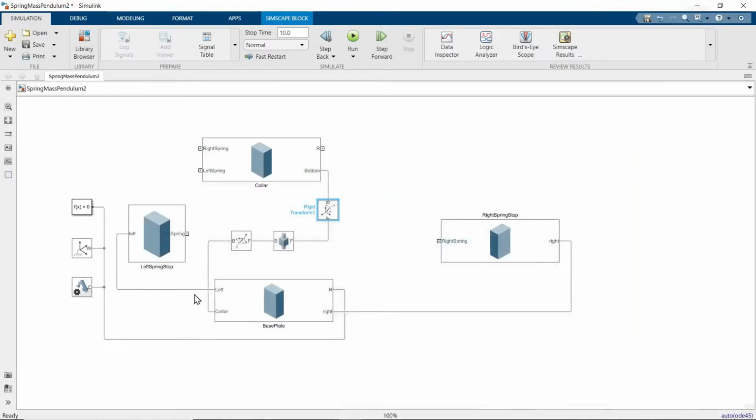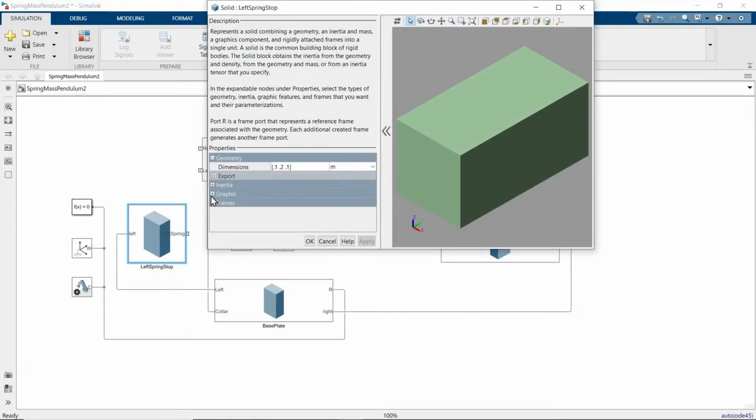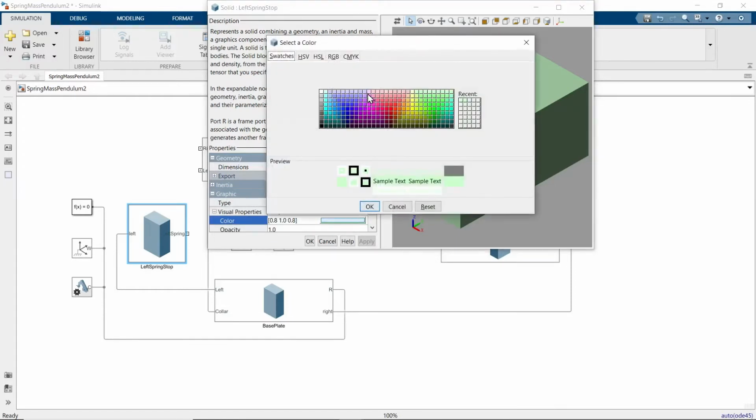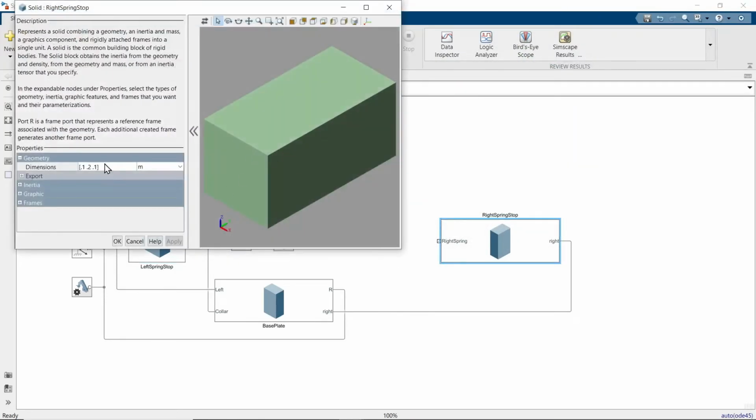So let's do that. Okay, let's change the colors of these a little bit so they'll look a little bit better. Okay, let's make our stops red. Let's make this stop also red.